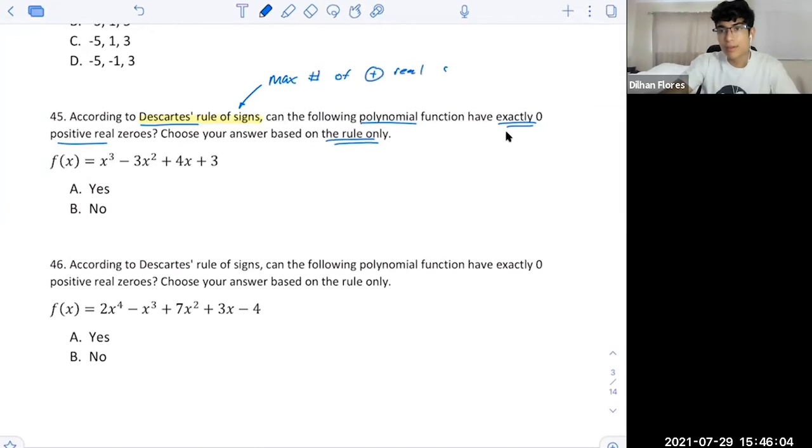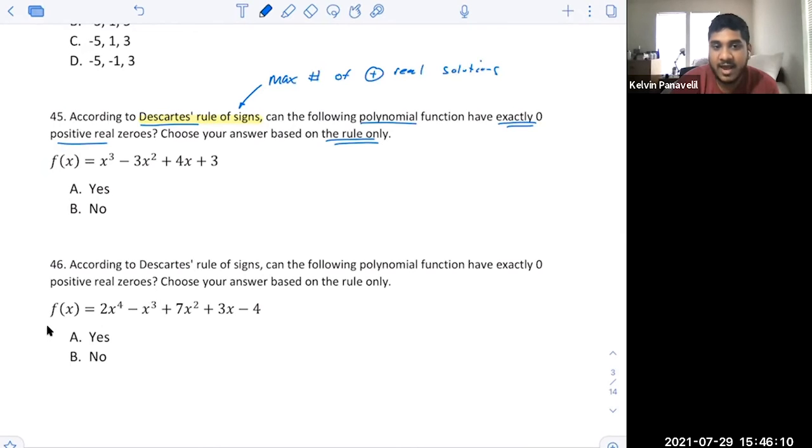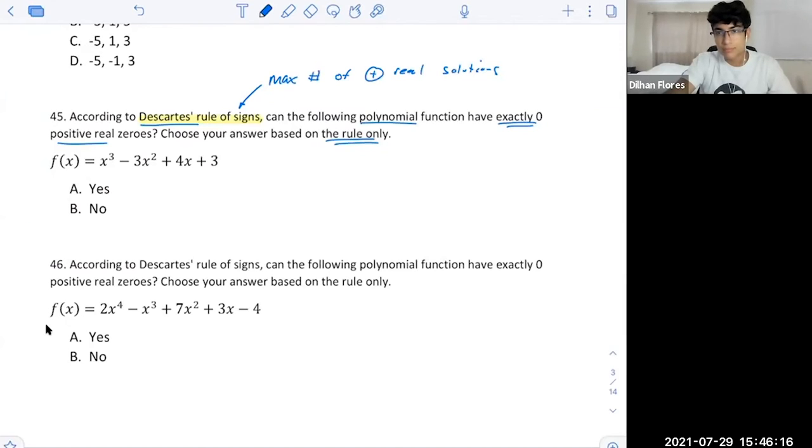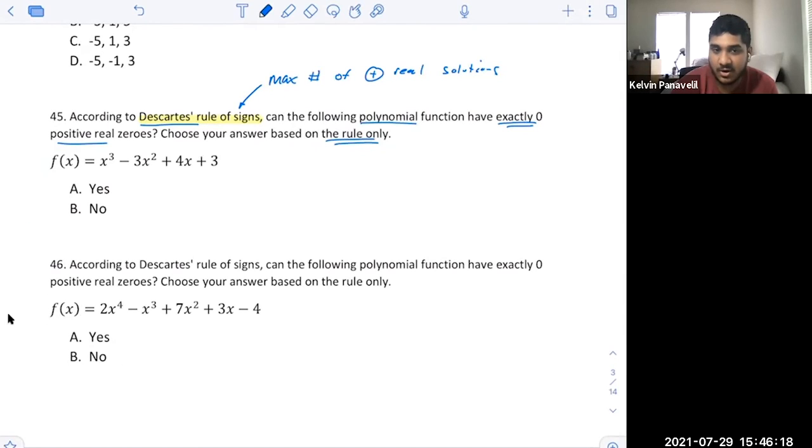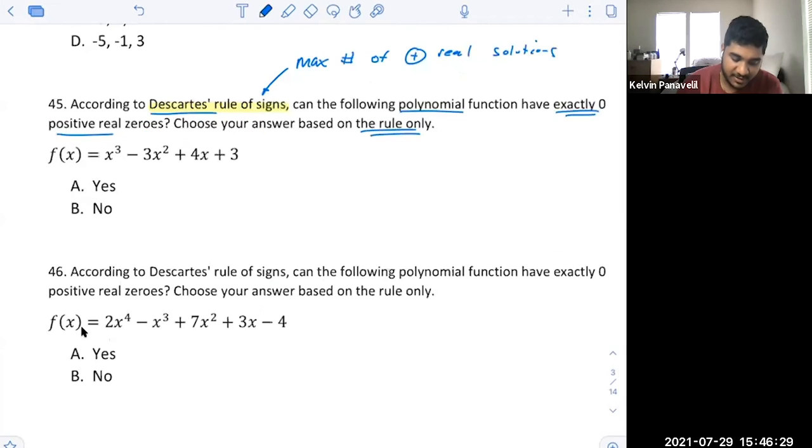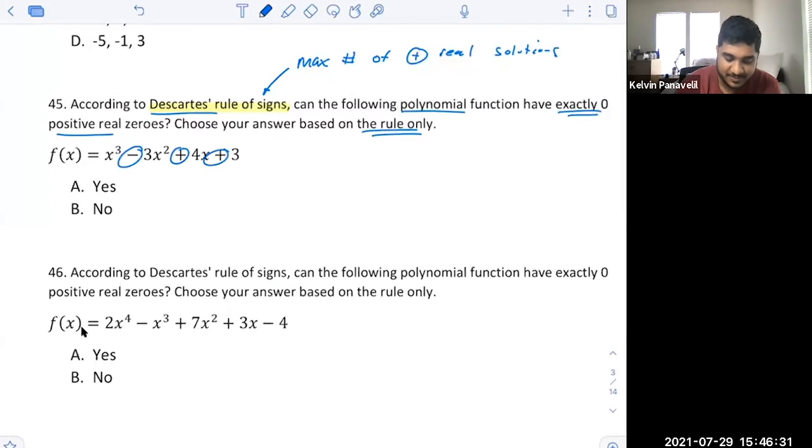So Calvin, what are you thinking? If you have a cubic function, how many sign changes are in this function right now? Just looking at the signs. So this is the rule of signs.